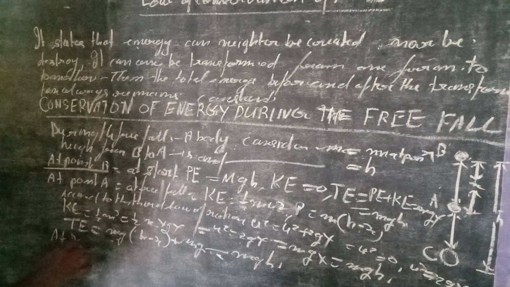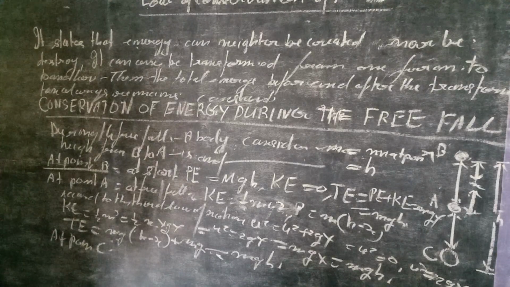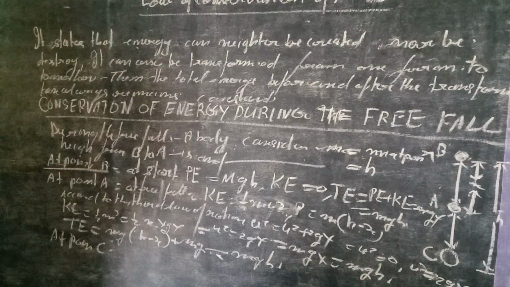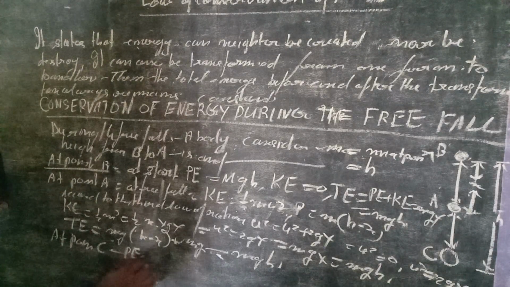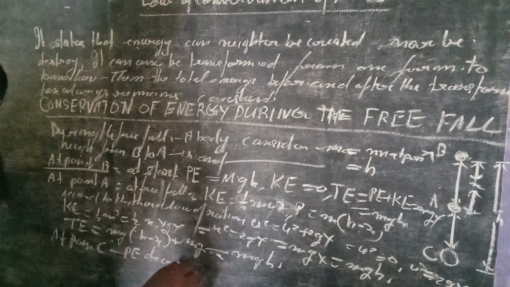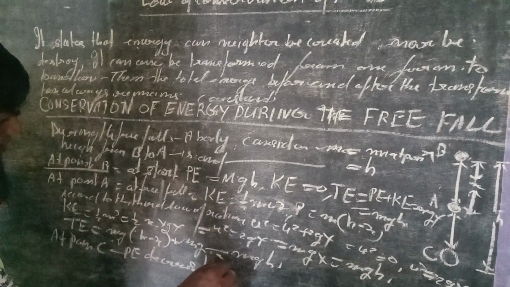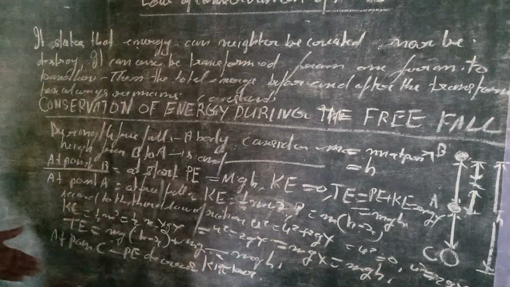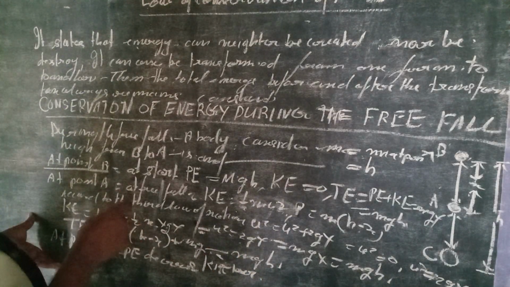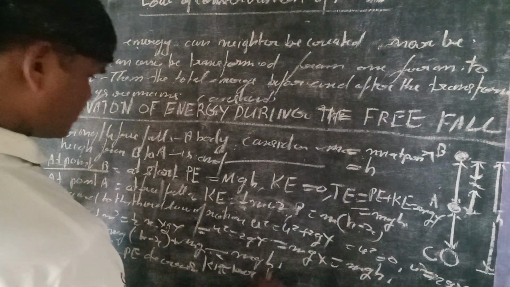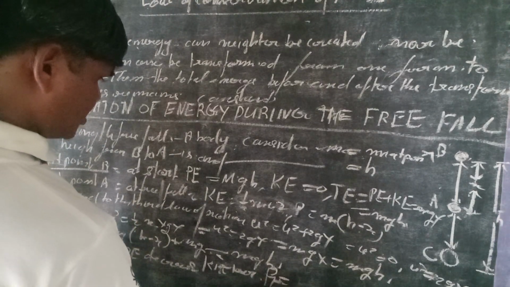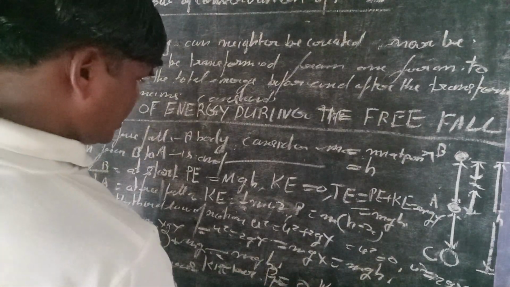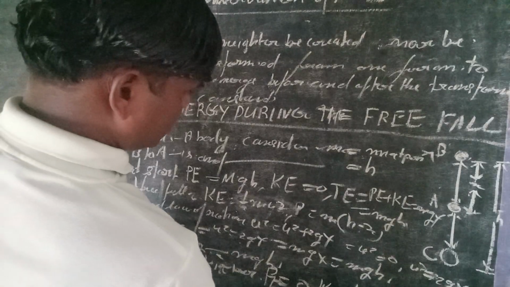At point C, what will be the potential energy? We note that when the potential energy decreases, KE increases. PE decreases, KE increases. Then PE is considered as zero, so KE is equal to half mv square.